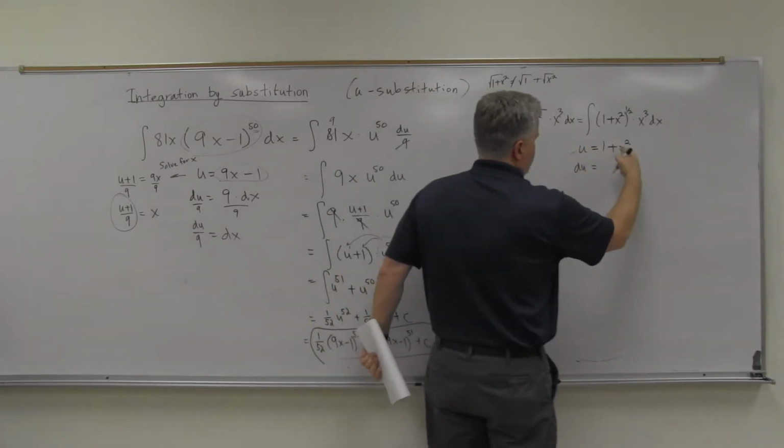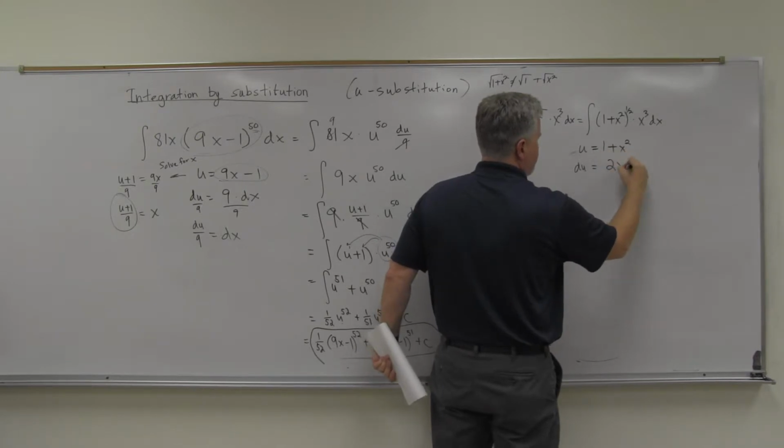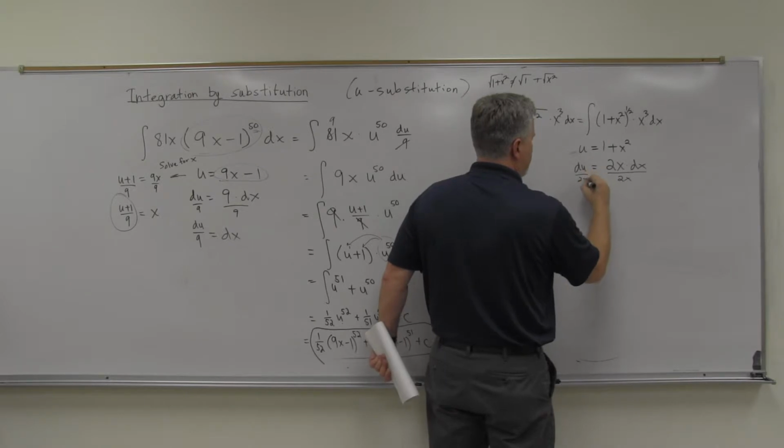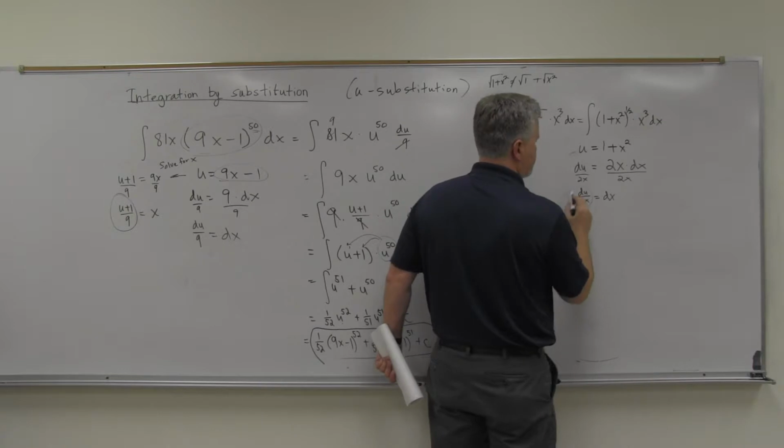The derivative of that, which would be 0 plus 2x, so it would be 2x times dx, and then divide by the 2x, you get du over 2x as your dx. That's what I'll substitute for dx.